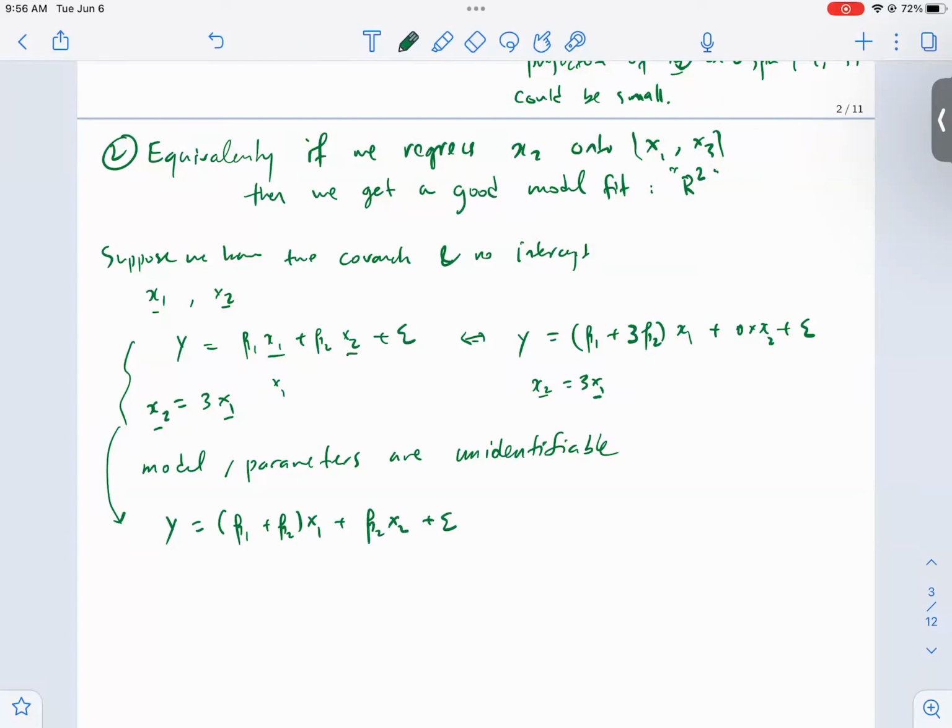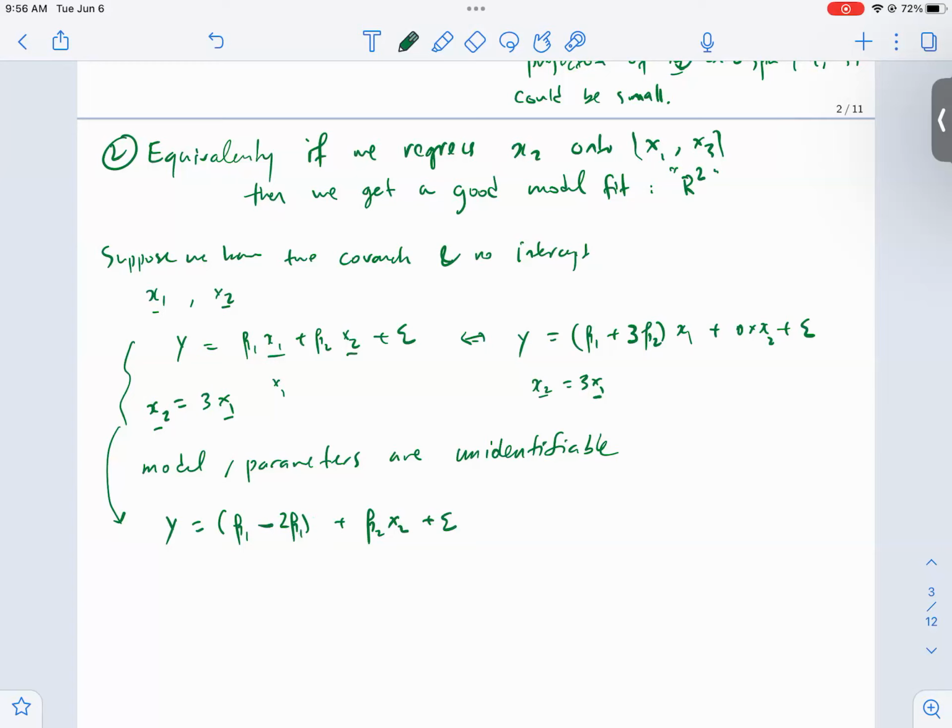So if you plug in, okay, not that, something like this. So if I have beta 2 times 3x1 and then negative, is that correct? Or maybe 2 beta 1 x1. No, beta 2.